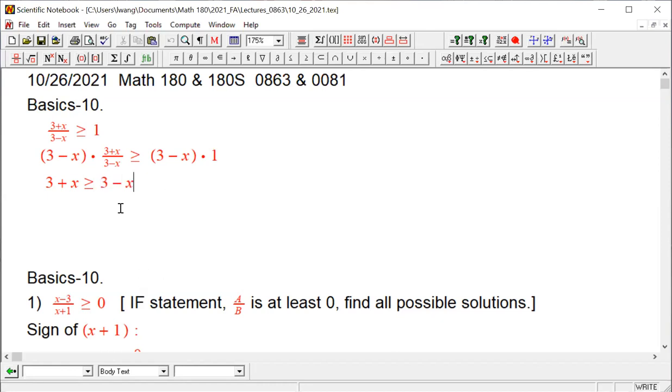And then blah, blah, blah. Do you think this might be something you would do? I want to tell you this step is wrong. This is the wrong step. And you're going to tell me why.